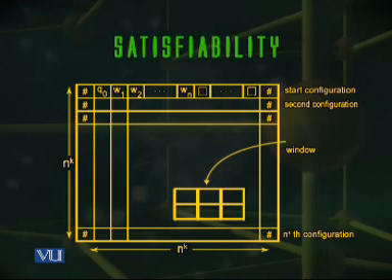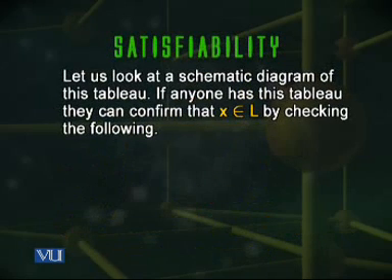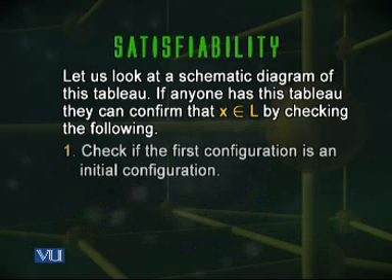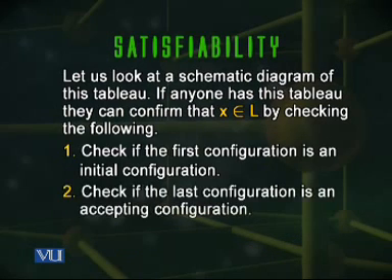If anyone has this table, they can confirm that X is in L by checking the following three things. First of all, they would check if the first configuration is an initial configuration. Second, they would check if the last configuration is an accepting configuration.